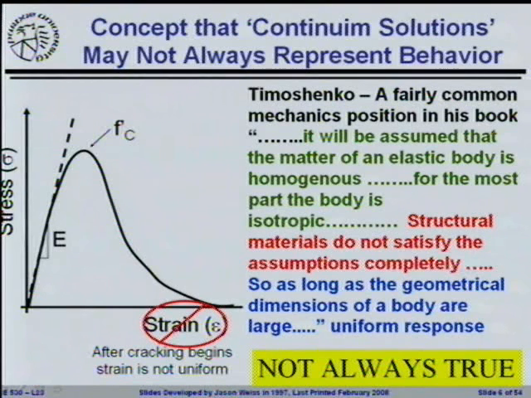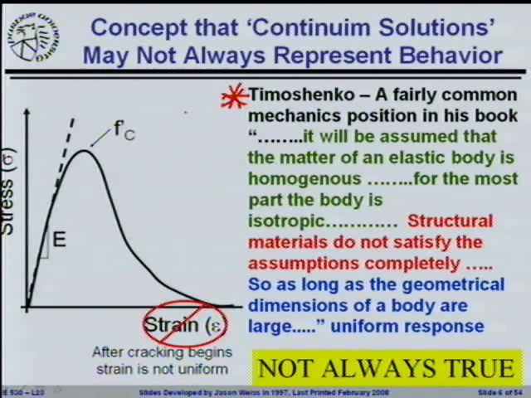And one of the things that I want to point out, and this is taken out of Timoshenko's book, and for those of you who don't know who Timoshenko is, he's a very famous mechanics of materials person, strength of materials person, and he has a classic book on elasticity. And it is the reference book that most people cite on elastic materials. And most of what we do in engineering design is based on the elastic solution or some modification of the elastic solution to account for inelasticity.